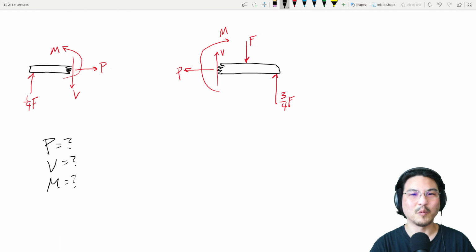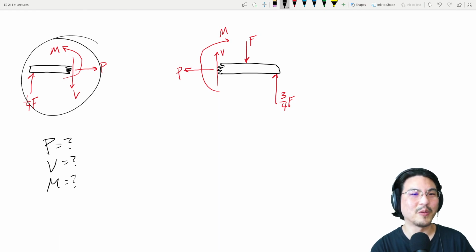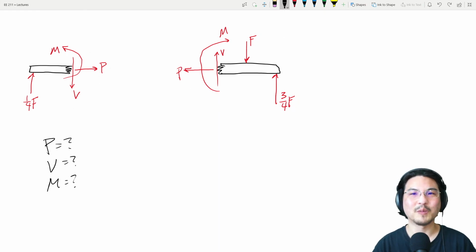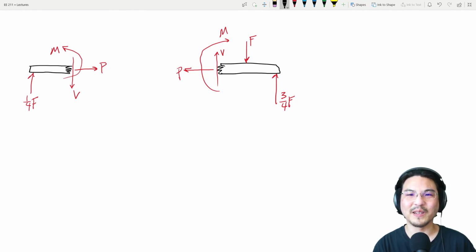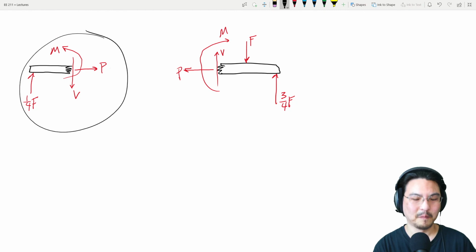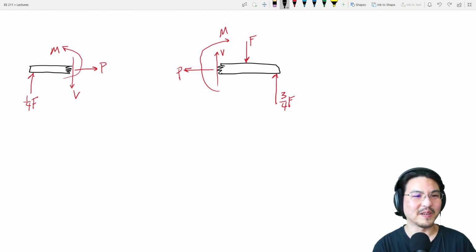Now, we don't need to solve both sections. You just pick one or the other because you're going to get the same answer either way. So whichever one looks simpler to you, that's the one you pick. So for example, I feel like this one has less because there's 1, 2, 3, 4.